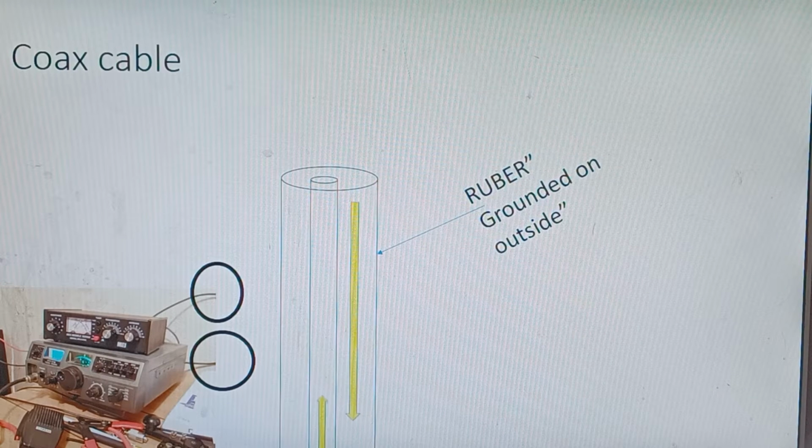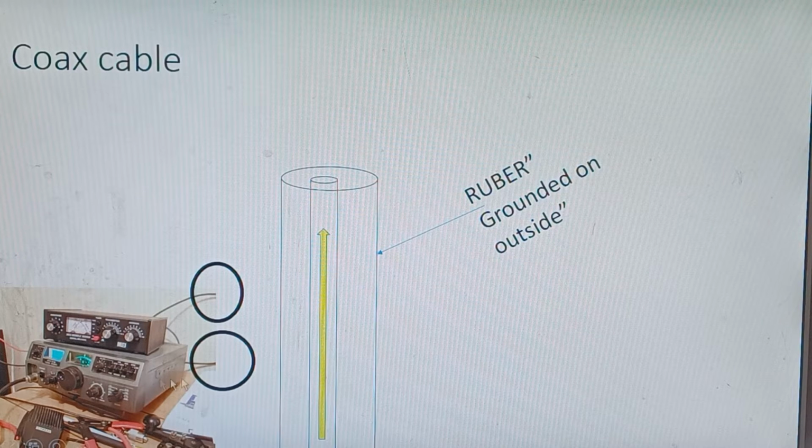And here's a little slow motion thing about what is going on. And over here is just a little idea of the actual coax coming in. In this instance here, the coax is coming into a tuner first from the antenna and then going from the tuner to the radio.